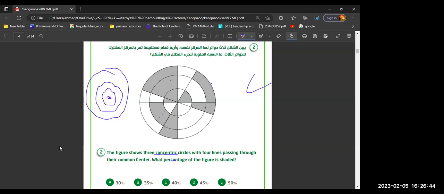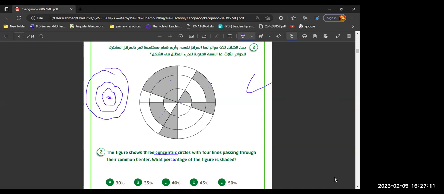I beg to differ. I think it's 50%, because if you drag some pieces of the other circles, you can fit them in and make the left half of the circle. I agree with her. All right. Who disagrees?